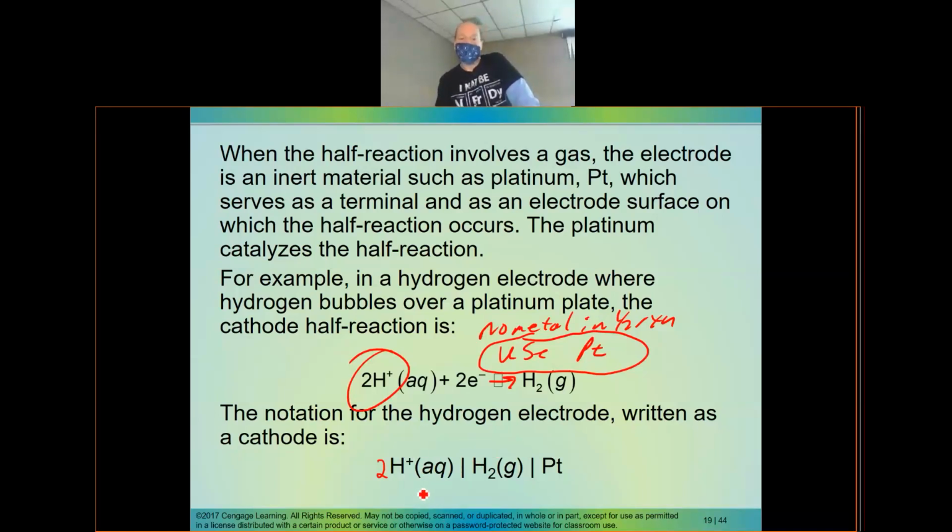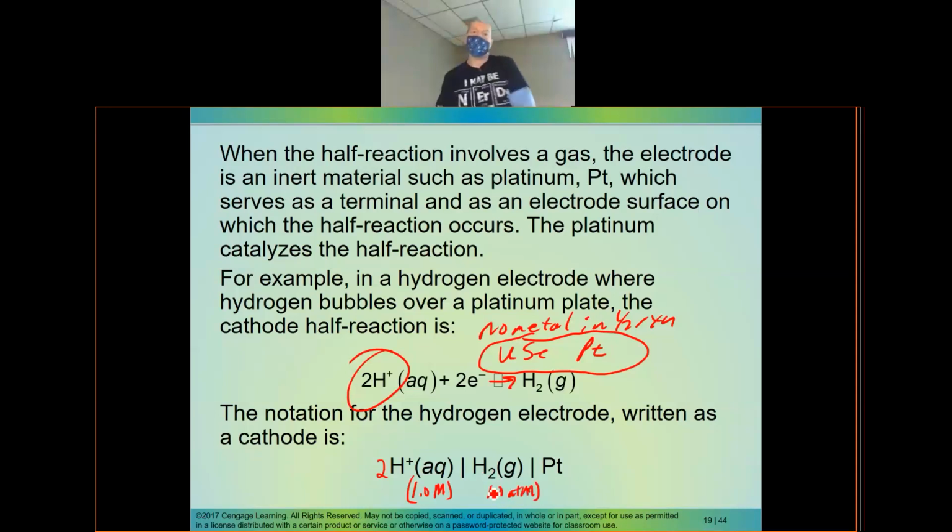And again, there's no concentration given. If there's no concentration given, it is the standard 1 molar. I would put the 1 molar there because if it has a molarity that's not 1 molar, then it has to be there. Same with your gas here, hydrogen gas, it should have 1 atmosphere.